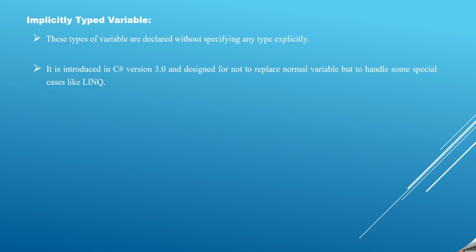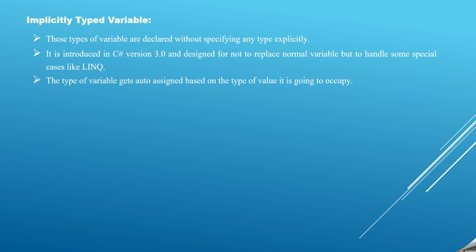The thing is, when you are expecting some anonymous type of data set from a LINQ query, basically the language integrated query, in that case you would not know what the return type would be. So initially you can just get an anonymous type, and you can assign it back to a var. Basically var is the keyword which is used to define your implicit type variable.